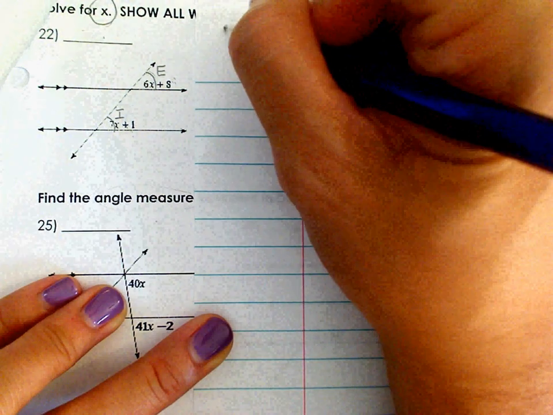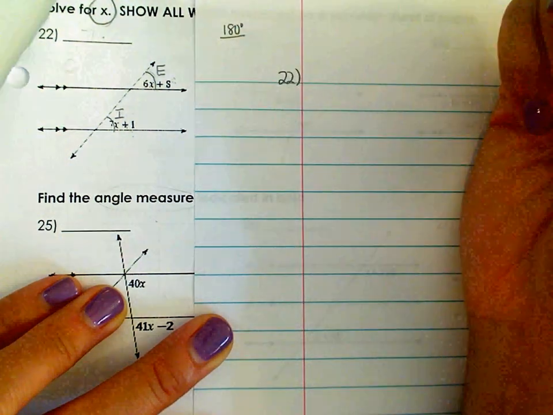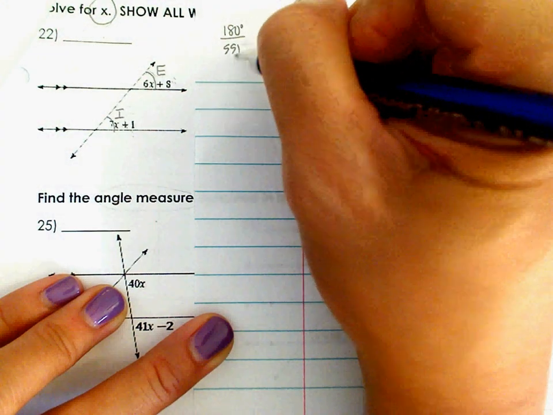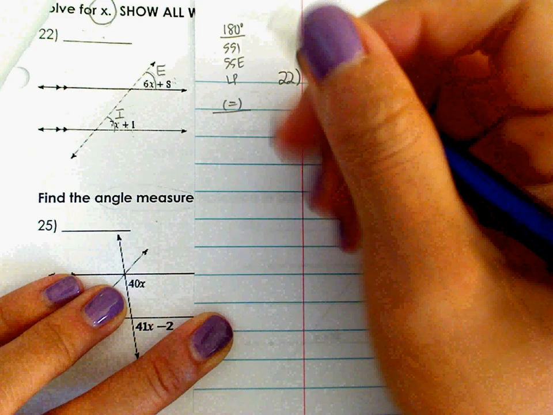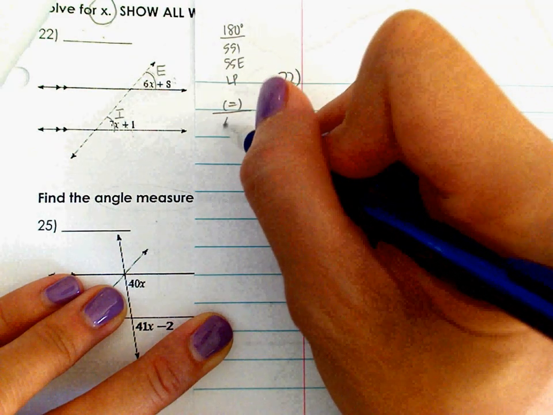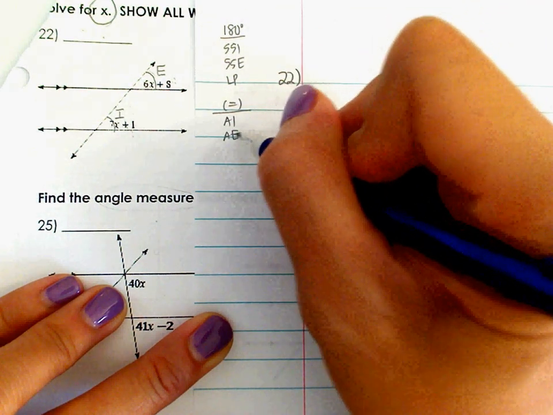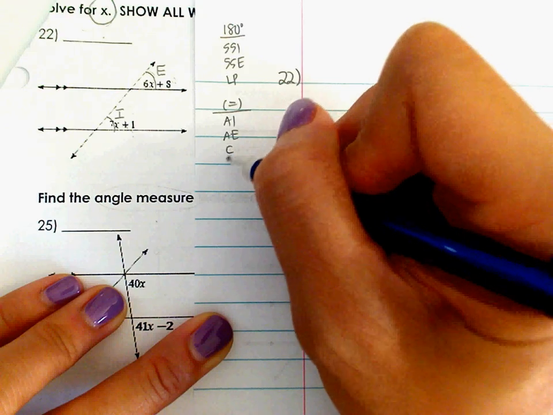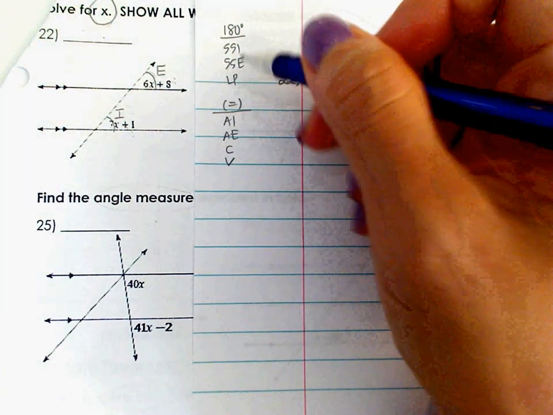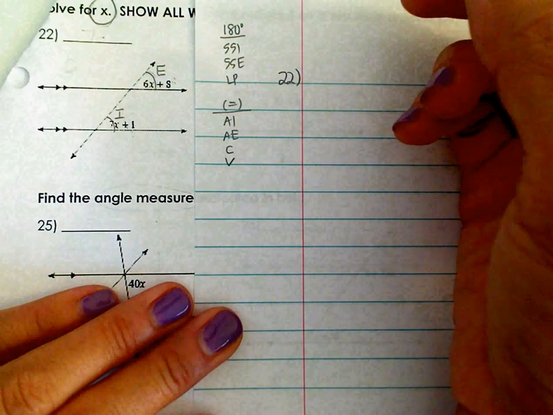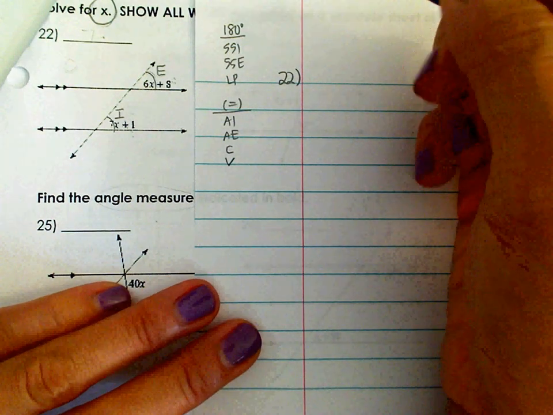Let me write that all the 180 ones are SSI, SSE, LP, and then the ones that are equal are all the rest: alternate interior, alternate exterior, corresponding, and vertical. When you take your test on Tuesday, I would suggest that this is the first thing you write on your scrap paper. Okay? So, which one of these is it?